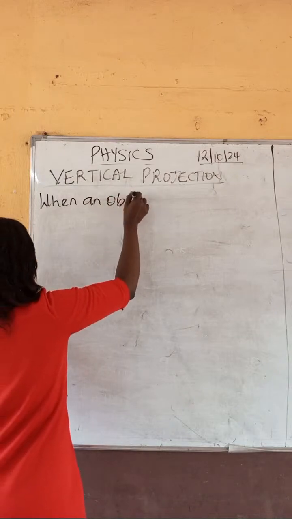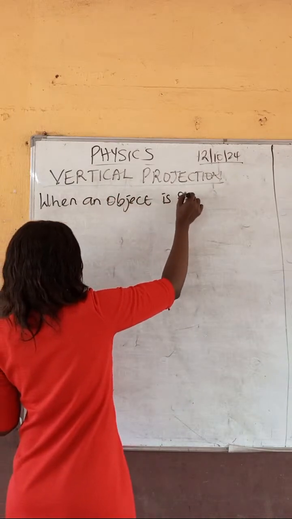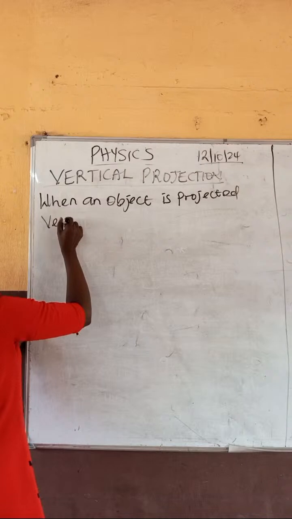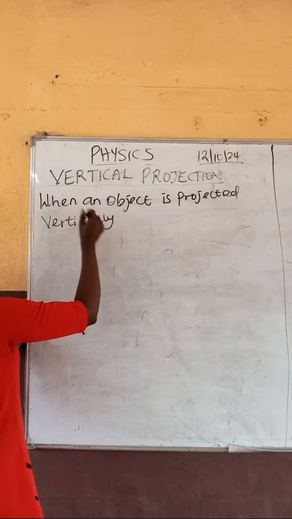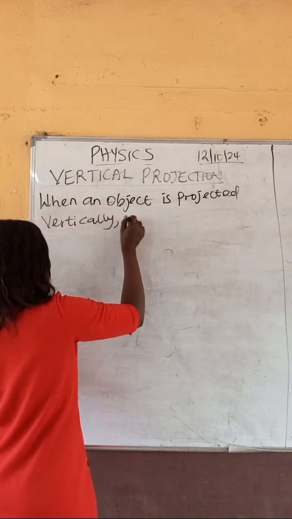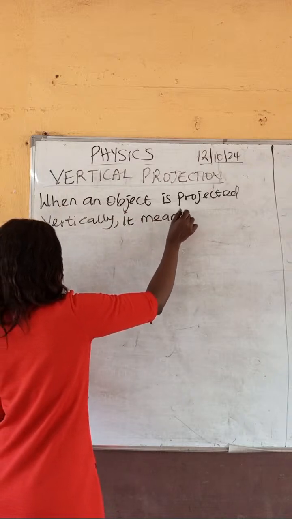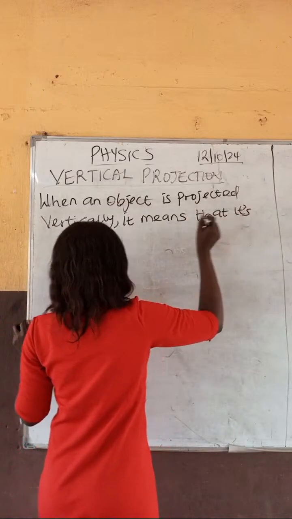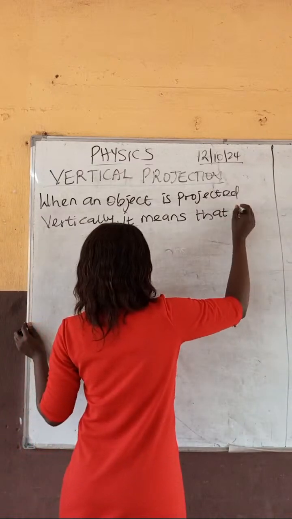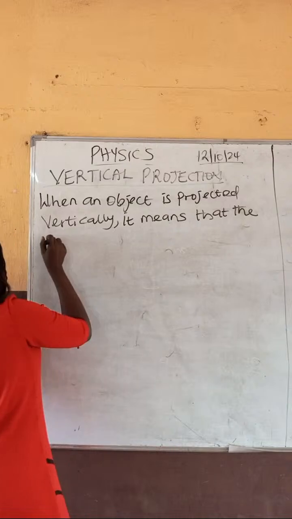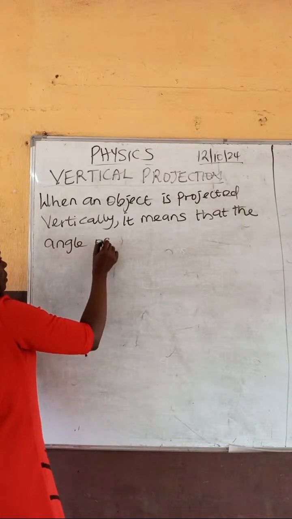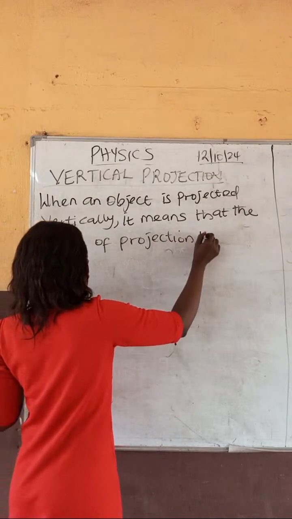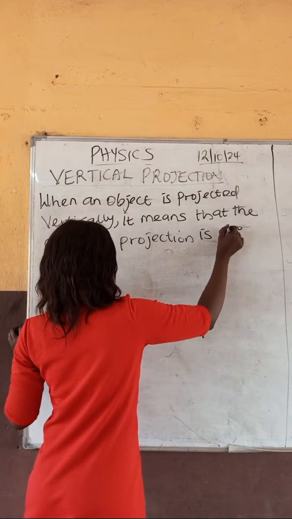When an object is projected vertically, it means that the angle of projection is 90 degrees.